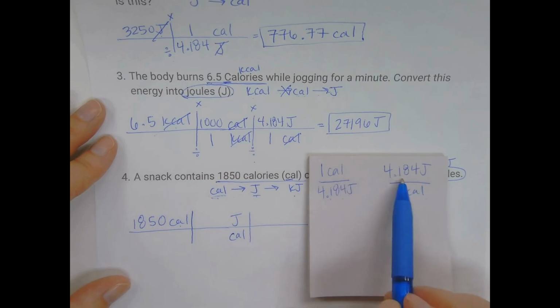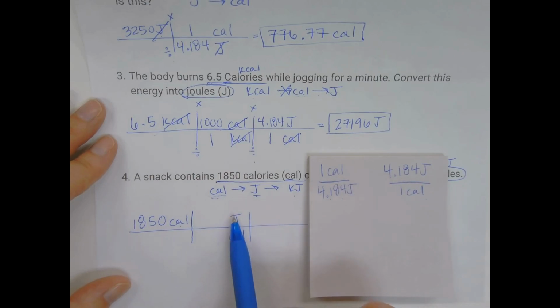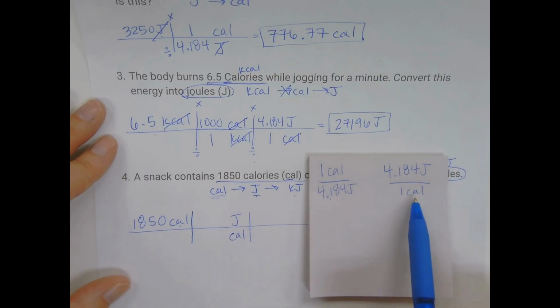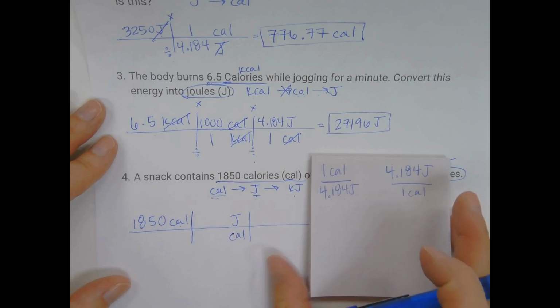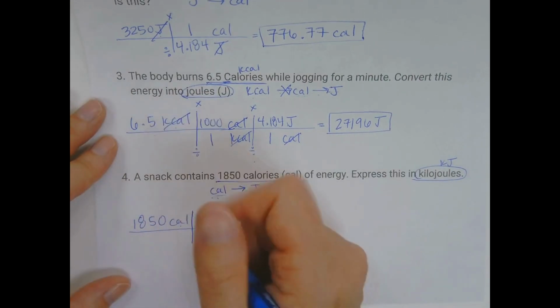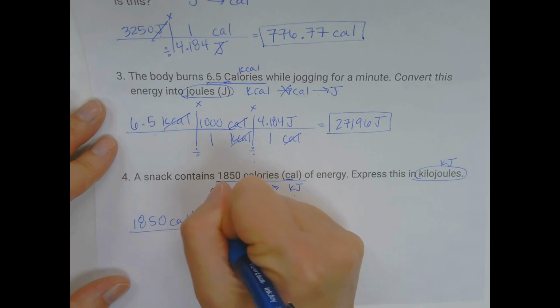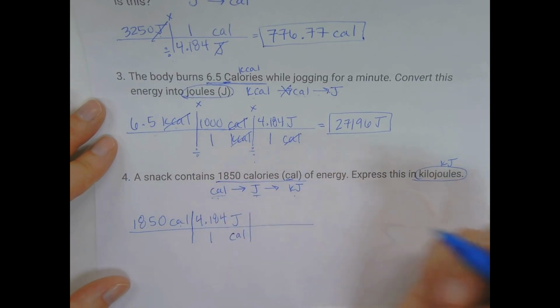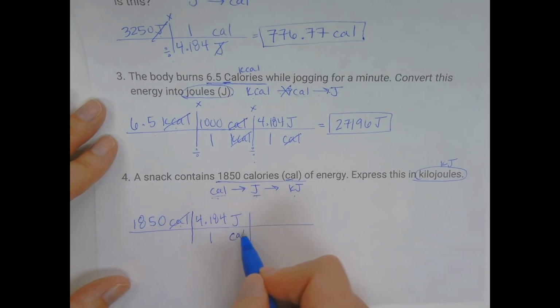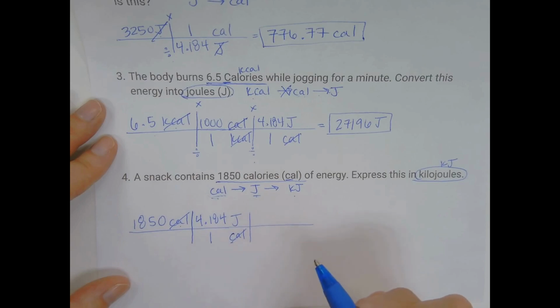I'm going to pick the one that has the units in the same places, so that way I know where the numbers go. So I'm going to use this one on the right, because the units are in the same place in this expression of the ratio. So 4.184 joules for every 1 calorie. Now calorie and calorie cancel. So this first step is done.